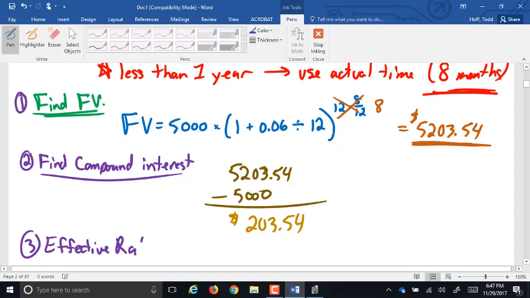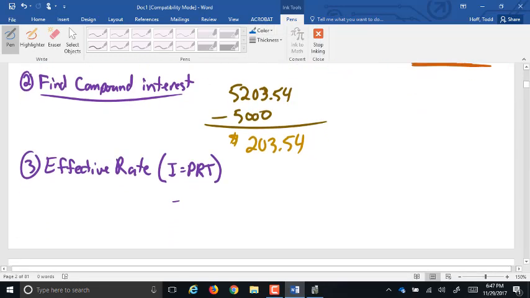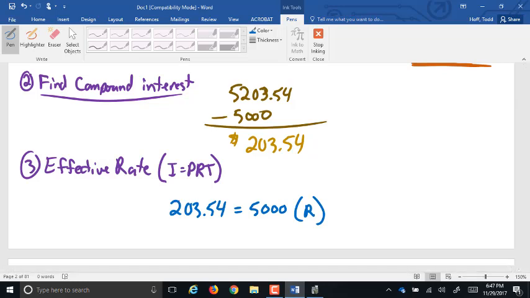Step 3 is an effective rate. Effective rate is always found using what formula? I equals PRT. Very good, Kyle. So that means the interest is the $203.54. The principal is $5,000. The rate is what we're looking for. What's our time? 8 months, so 8/12.